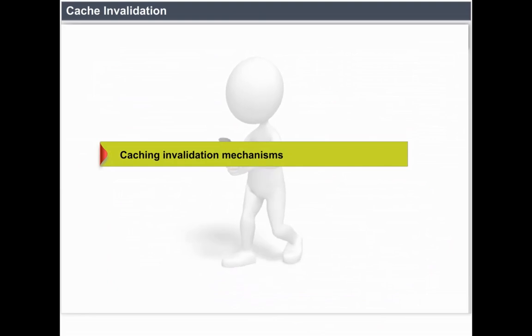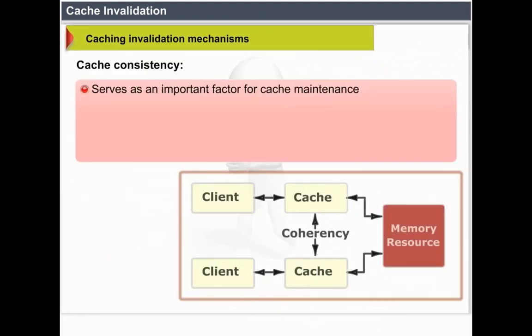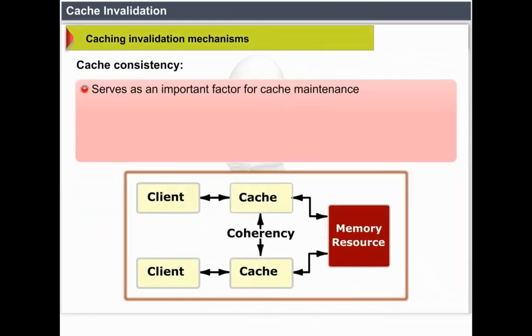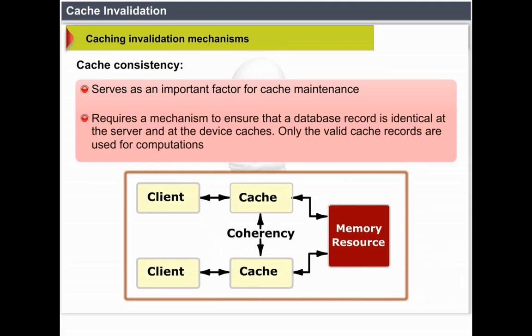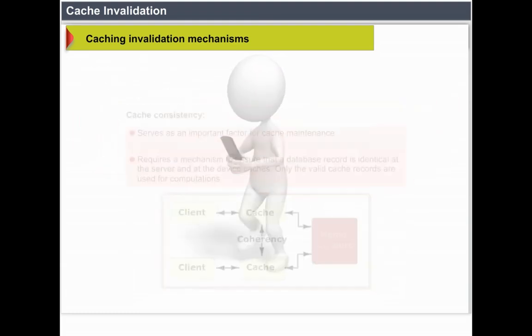Cache consistency. An important factor for cache maintenance, also called cache coherence, requires a mechanism to ensure that a database record is identical at the server as well as at the device caches and that only the valid cache records are used for computations.